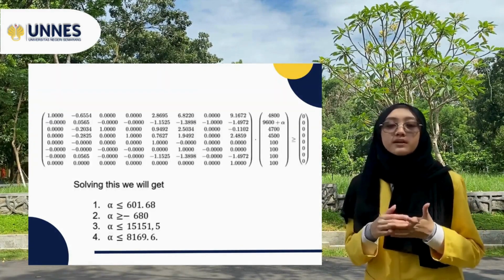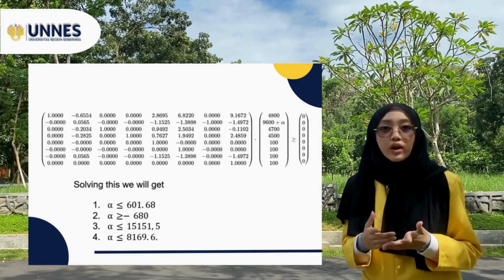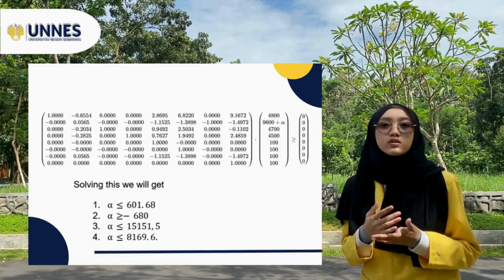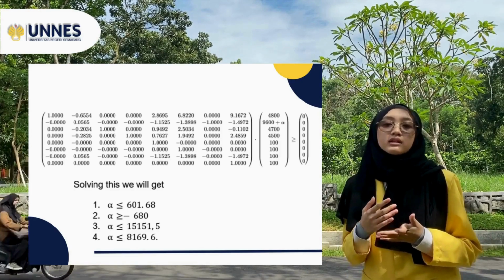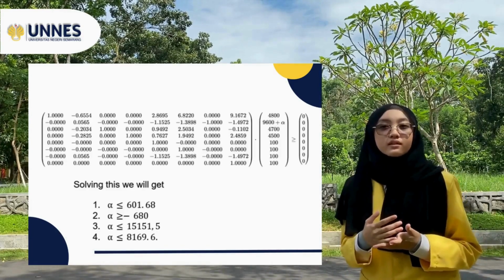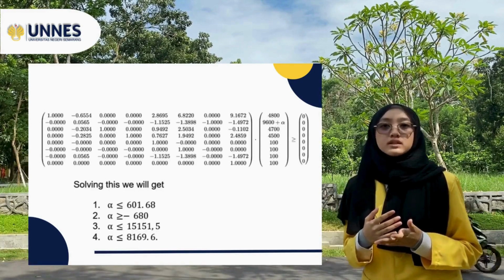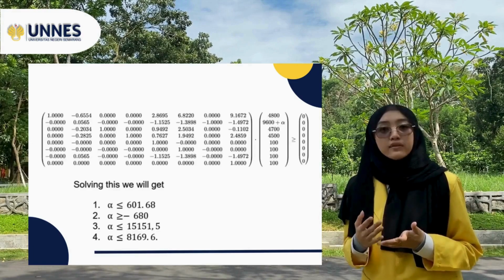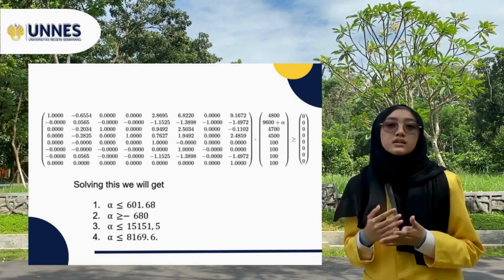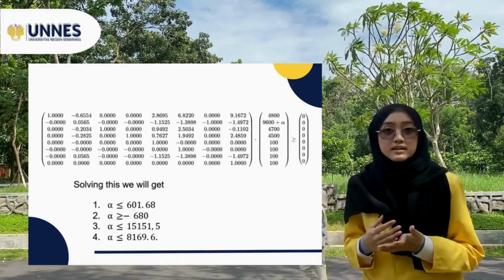Solving this, we get the value of alpha. The first, alpha must be less than or equal to 601.68, alpha must be greater than or equal to minus 608, alpha must be less than or equal to 15,151.5, and alpha must be less than or equal to 8,169.6.